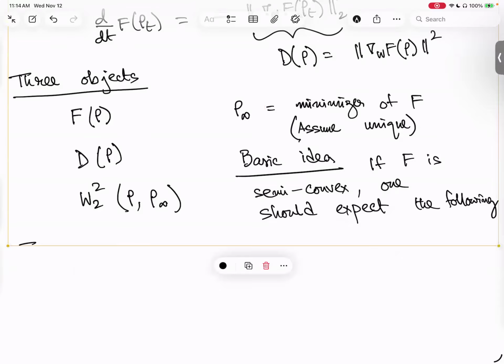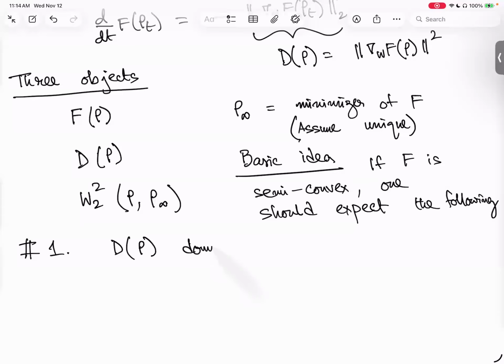One, that D of rho dominates F of rho. This usually requires strict uniform convexity, but you expect some kind of semi-convexity condition should give this. D of rho should dominate F of rho.